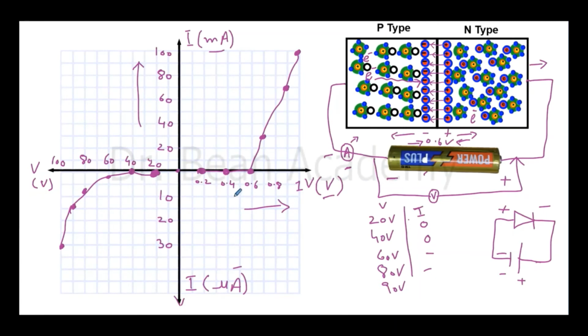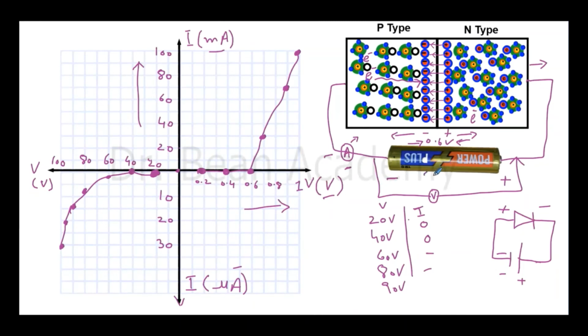So now let's compare both the graphs. In the reverse bias mode, for example, you get this 20 around 90 volts or more than 90. You see, I am applying very high voltages across the PN junction. For the forward bias, the voltage was very little.